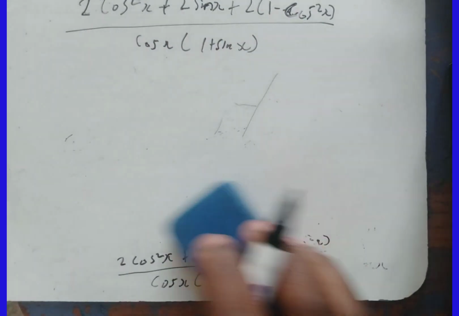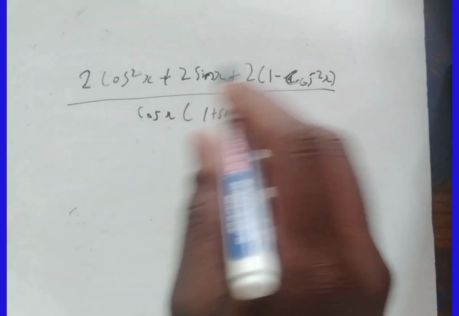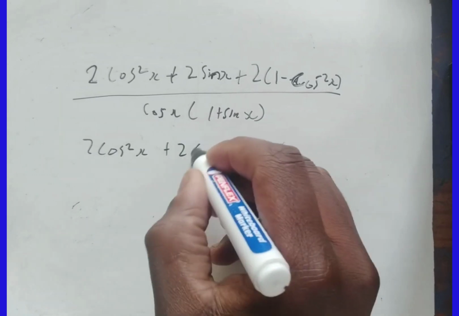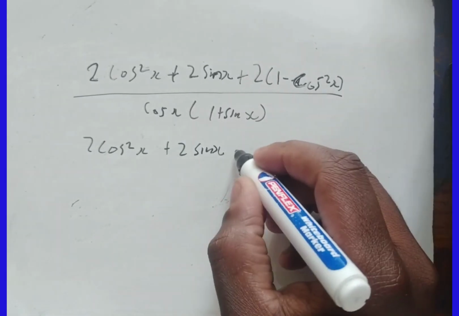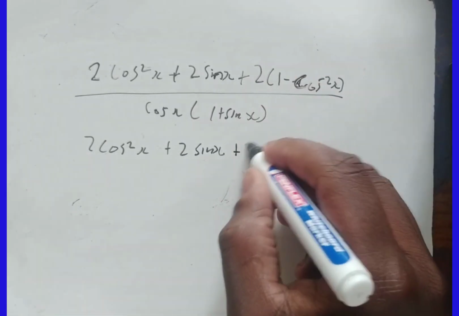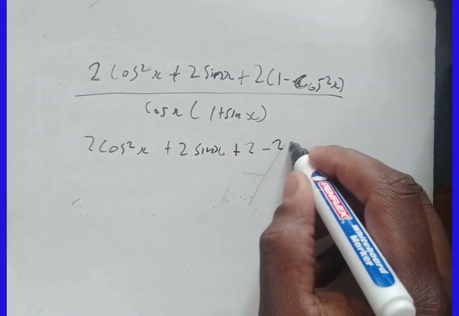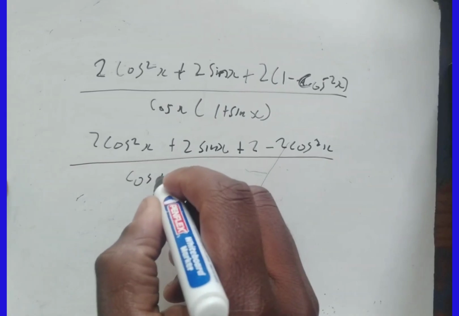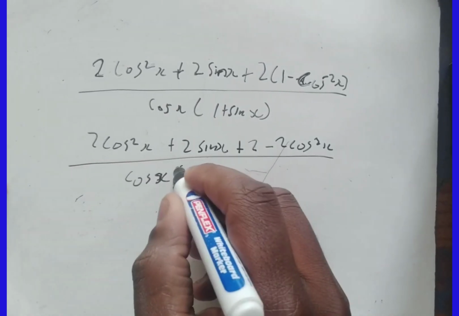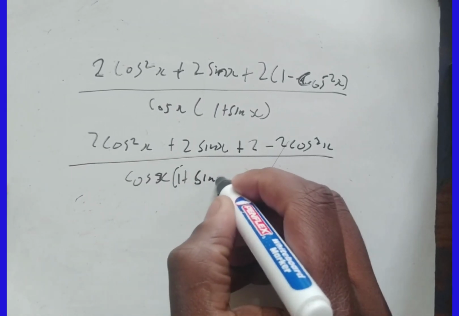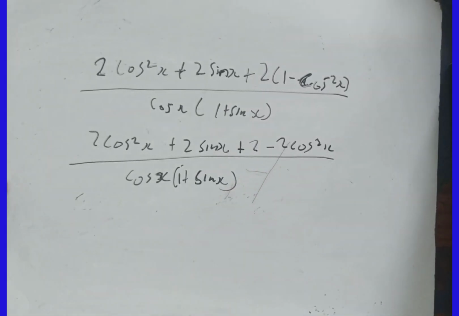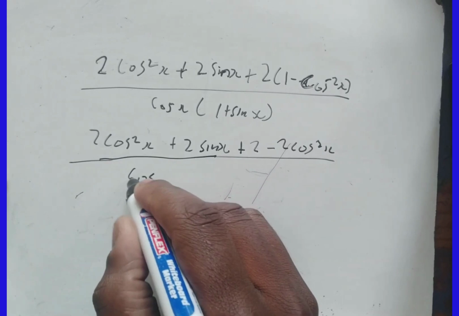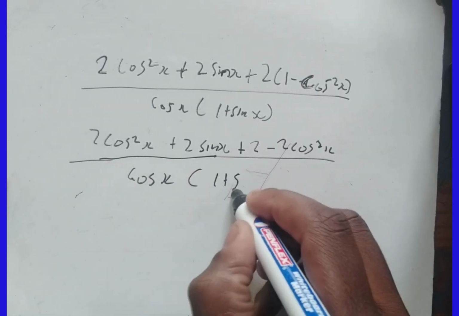Okay, so from here, when we distribute, this is 2 cos squared x plus 2 sine x. Now when we distribute, this becomes 2, then this becomes minus 2 cos squared x all over cos x times 1 plus sine x. Let me just fix my handwriting over there.